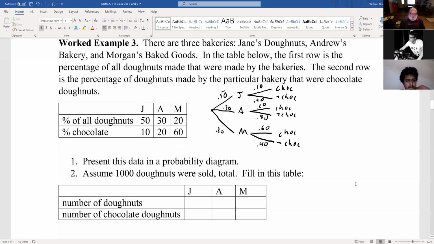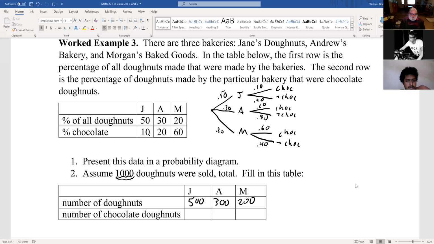Another useful way to deal with this kind of data is just assume some large number of donuts were sold total if we're trying to figure out probability. So assume 1,000 donuts were sold total. That would mean that Jane made 500 donuts, Andrew made 300 donuts, and Morgan made 200 donuts. How many chocolate donuts did Jane make?